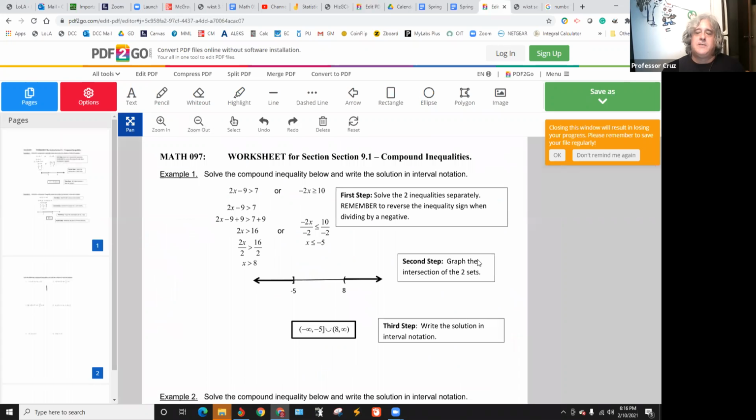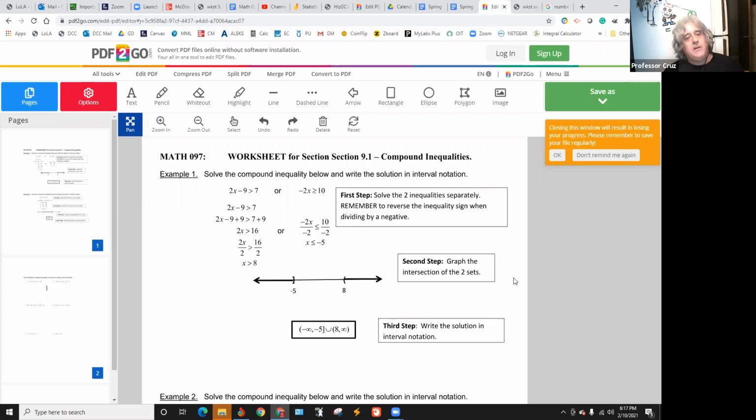All right, now this is 9.1. Don't get too upset because it's 5 chapters ahead, 7 chapters ahead. All right. Now we're looking at compound inequalities.